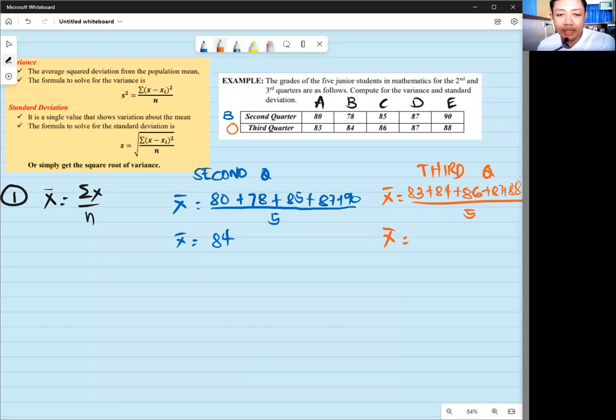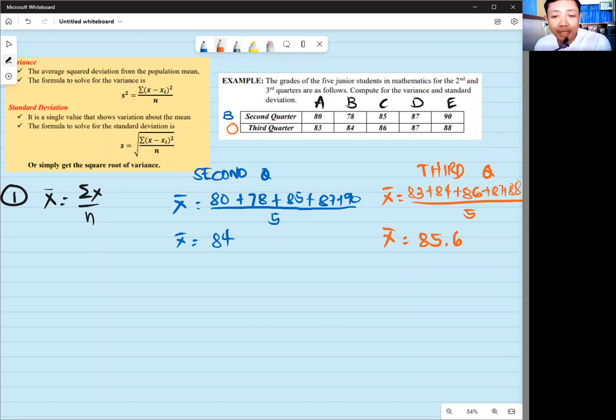So the answer here is 85.6. Correct. So looking at the two, which has the better mean, the second quarter grades or the third quarter grades? Of course, it's 85.6, the third quarter. Very good.